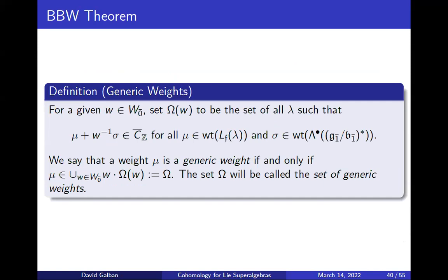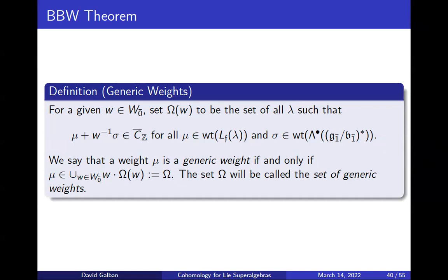Again, we're going to define what it means to be properly large in this context. So we're going to define generic weights here. We'll set omega of w to be the set of all lambda such that for all mu that are weights of alpha of lambda, and all sigma that are again sums of distinct negative roots, mu plus w inverse sigma is in C_Z bar.